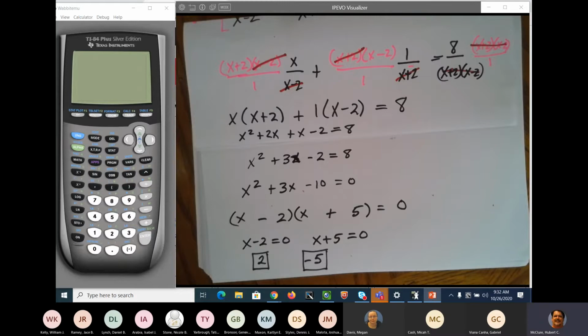Now, one of those may not be your x-intercept, so you're going to check with your handy-dandy graphing calculator. And you're going to type in x over x minus 2. I'm trying to think of the best way to do this.